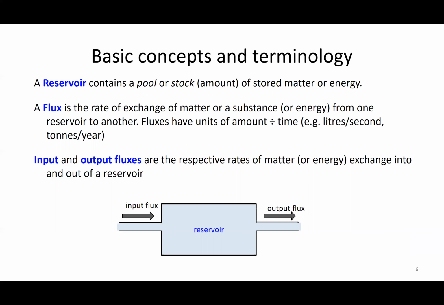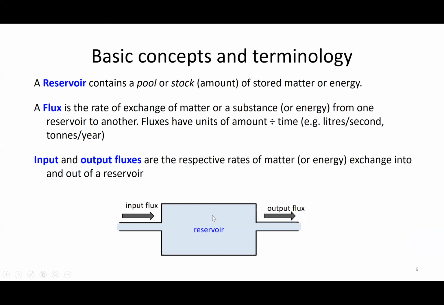That would be, for example, the amount of water that gets evaporated from the ocean to the atmosphere in a certain amount of time. Fluxes have units of amount divided by time, like litres per second, tonnes per year, and that sort of thing.